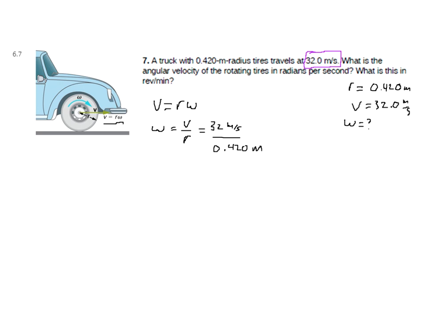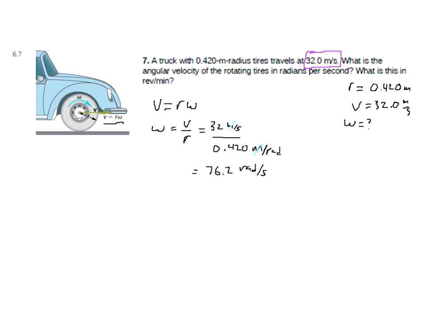Radius, remember, is a length unit per radian. I will use the light blue, that's kind of our cross-off color. The meters cancel out, and we end up with 76.2 radians per second.